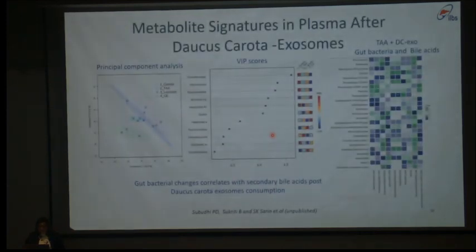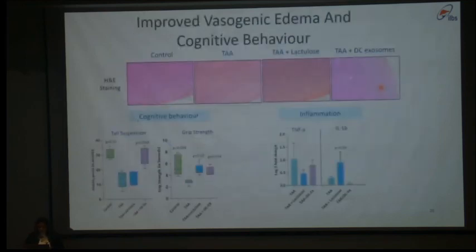When we looked at the metabolite signature among the groups, we also found that the gut bacterial changes correlate with the secondary bile acids after carrot exosome consumption, and most of the metabolites involved in converting primary bile acids to secondary bile acids were upregulated after giving the carrot exosomes.